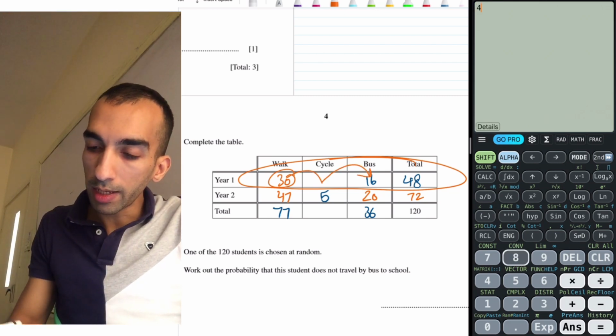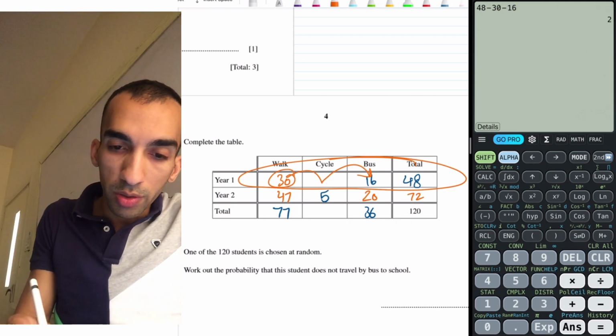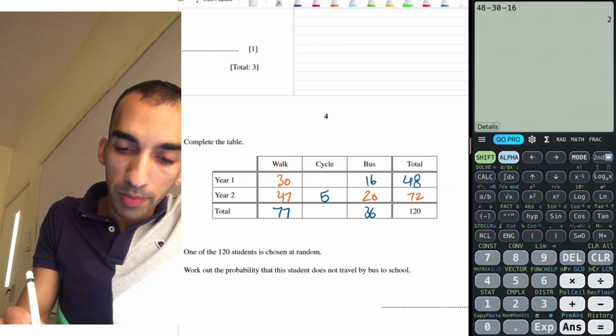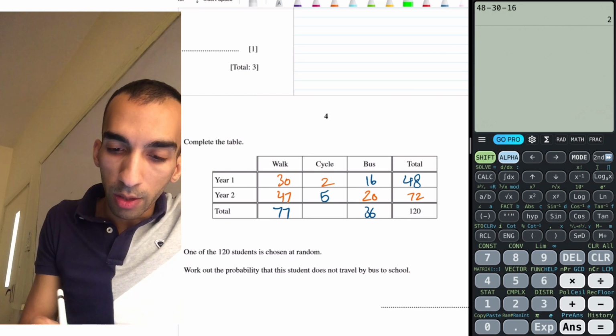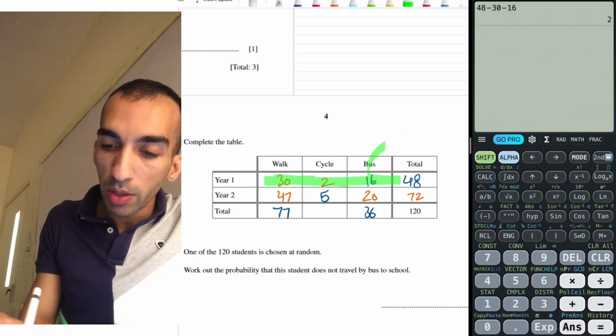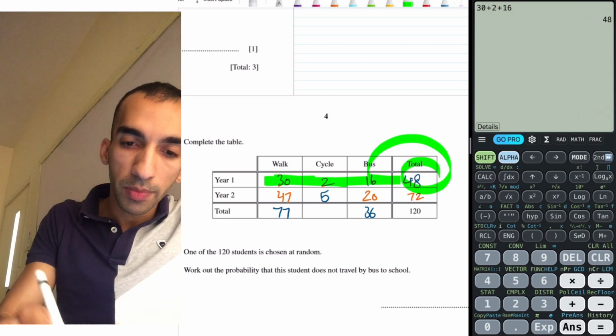What we can do is subtract every number that we have from 48. 48 minus 30 minus 16 is 2. So there's just this very small number, 2. I'll show you what I mean by this. Let's check. 30 plus 2 plus 16 gives us 48, right?